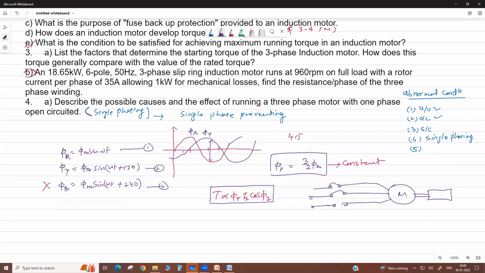Suppose this phase is absent, the rotor copper loss will be more, actually double in that case. The stator also gets more current, but the more losses also produce heat in the rotor. Then the rotor will burn during single phasing.